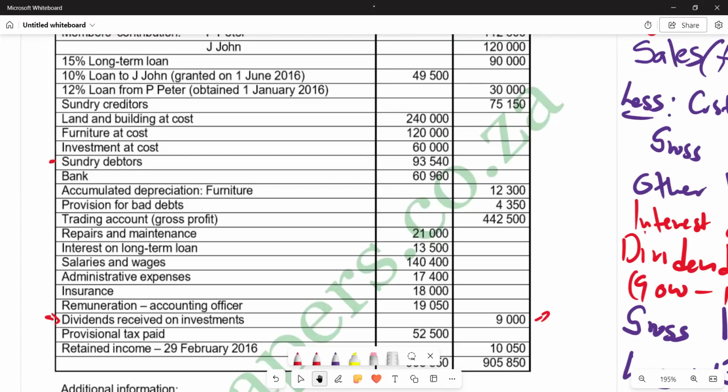Then after administrative expenses we see what other expense we have. We've got insurance here, which is 18,000. We check the additional information for any adjustments to insurance, and you see that we've got nothing, so the figure for insurance is 18,000.